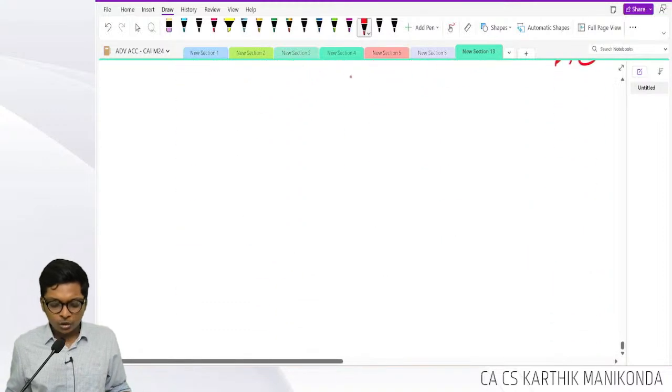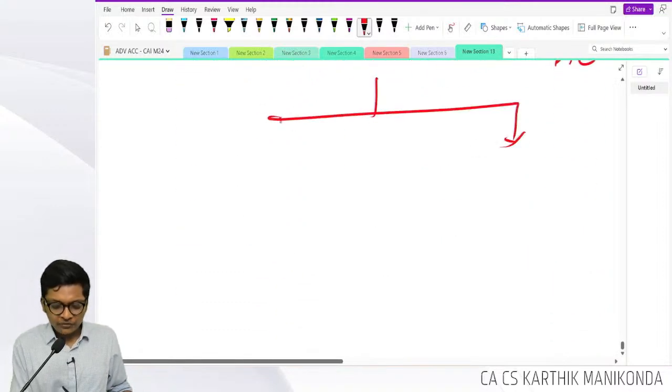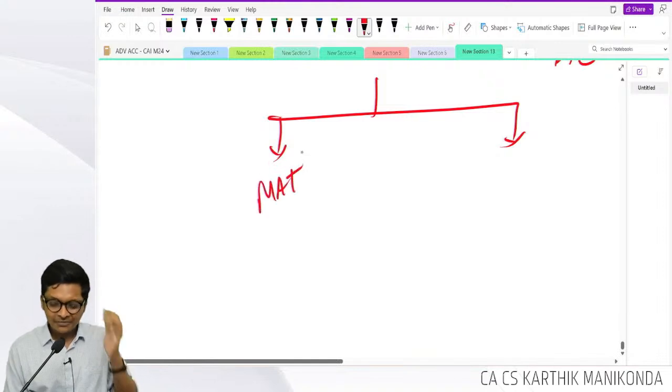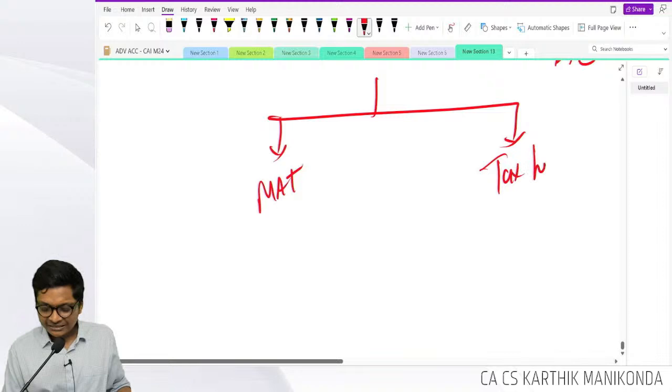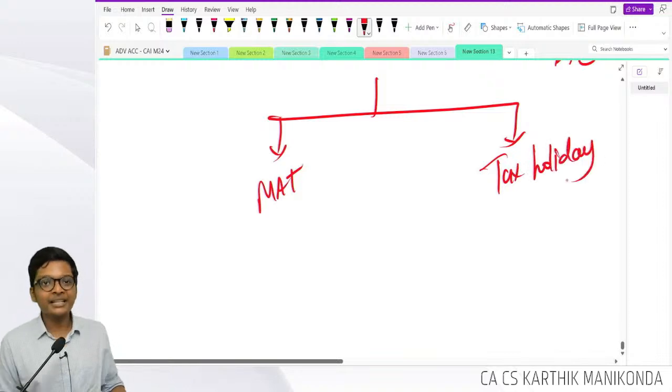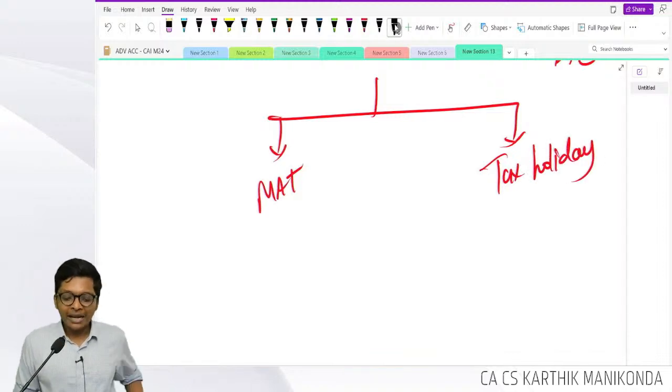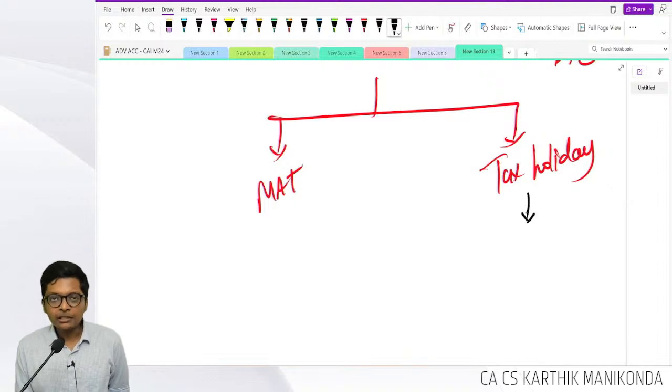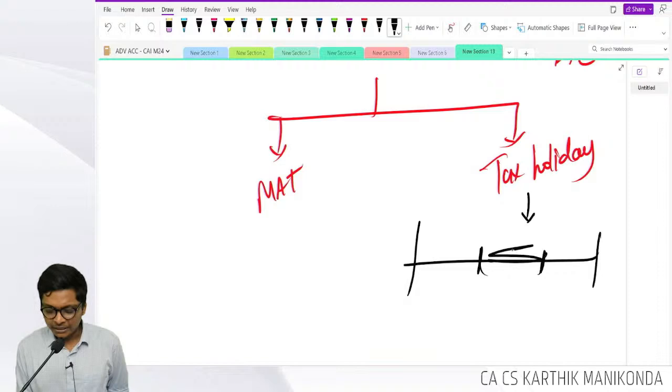So, with this background, there are 2 types of sums they can ask in exam. MAT sum or tax holiday sum. That's it. MAT or tax holiday. Tax holiday means in a period there will be a sub period where the tax is 0.